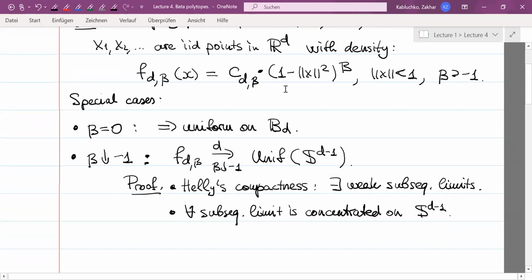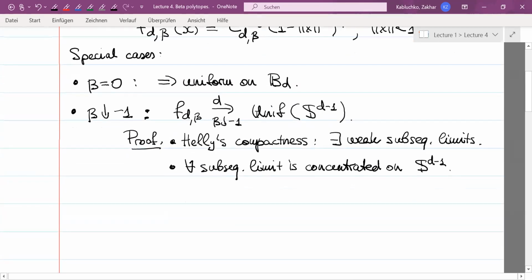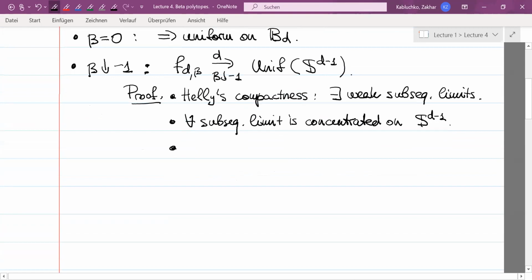And now, why are they all uniform distributions? Well, for the simple reason that they are all rotationally invariant, because each f_{d,β} is rotationally invariant, and so all the limits are rotationally invariant. So every subsequential limit is rotationally invariant.